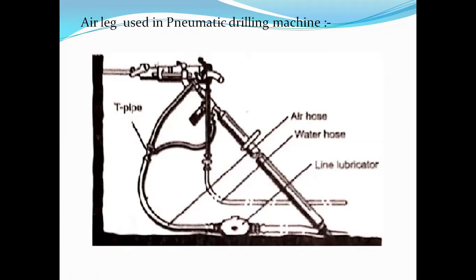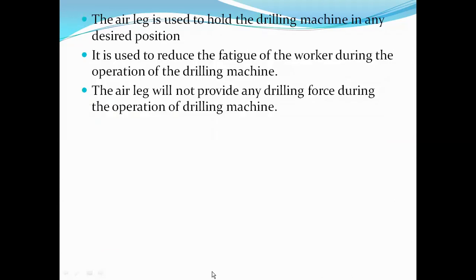It is used to place the whole drilling machine in any desired position, and to reduce the fatigue of the worker during operation of the drilling machine. That's exactly what we discussed.